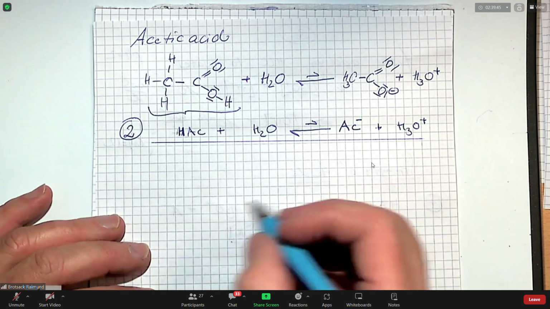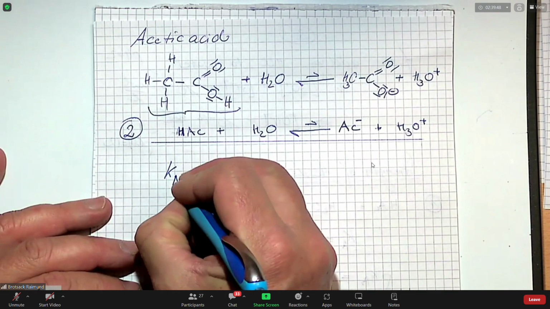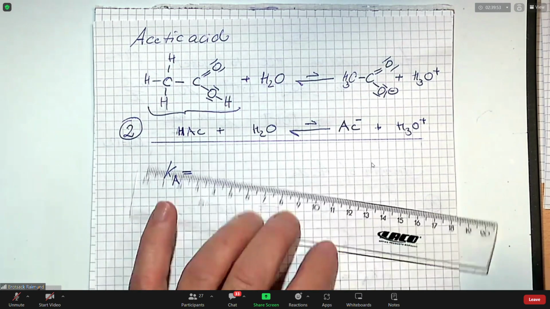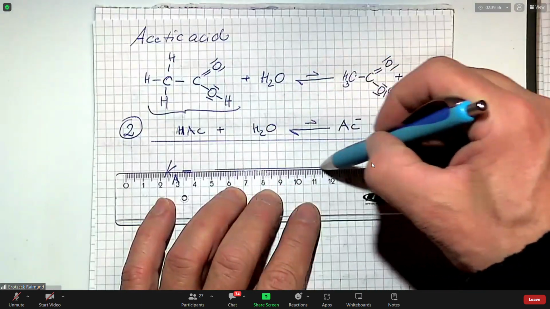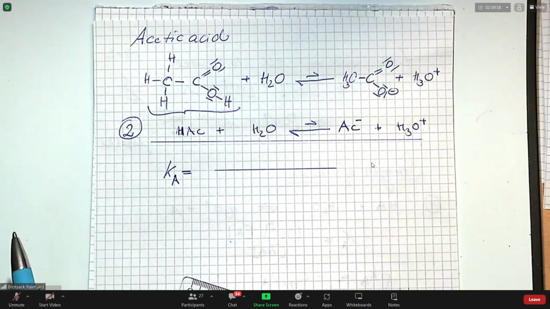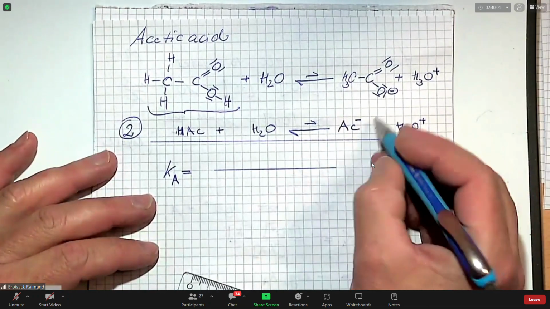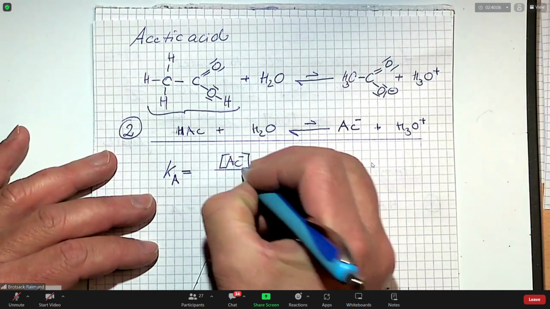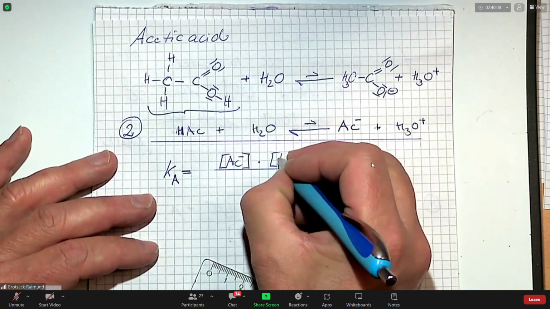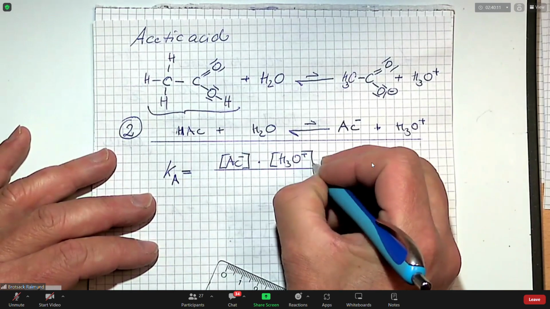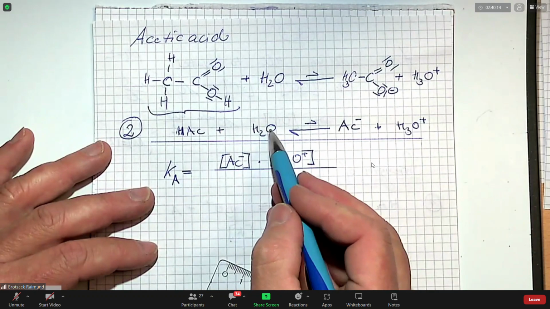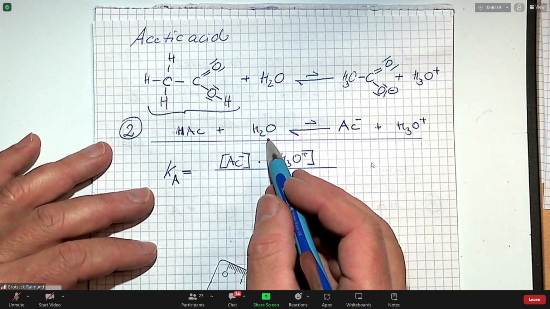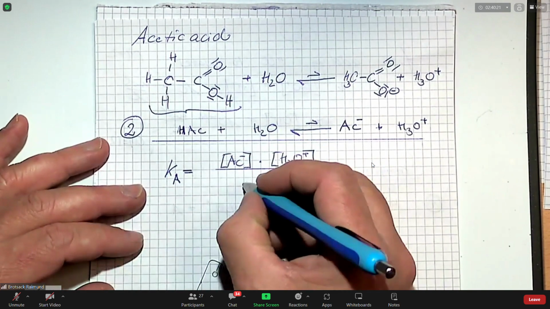Now, what does it mean for Ka? Please help me. When we write Ka related to the law of mass action, what do we have to calculate? It is the concentration of the products, Ac minus times H3O plus concentration, over water. We do not have to calculate that. It's a fixed concentration, 55.5 mole per liter. It's integrated.